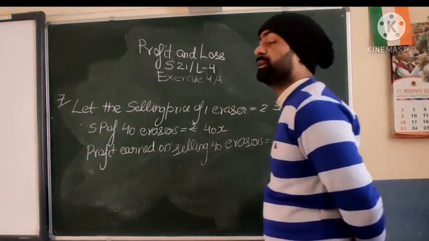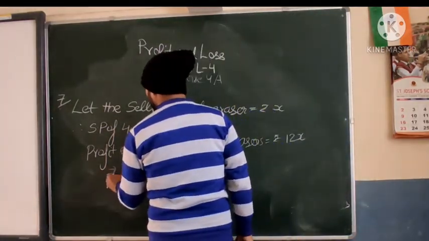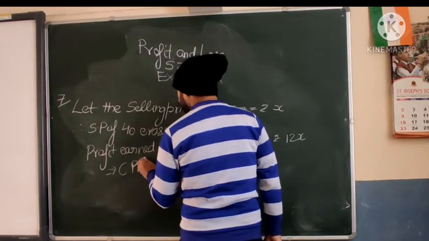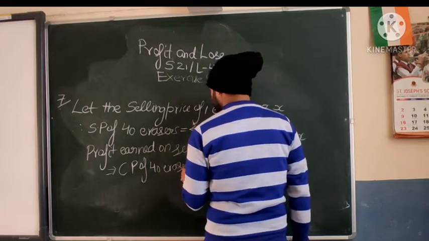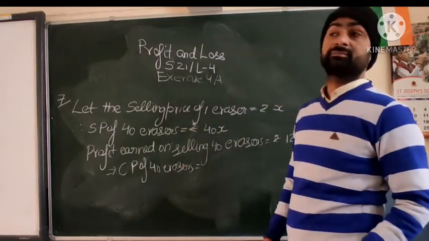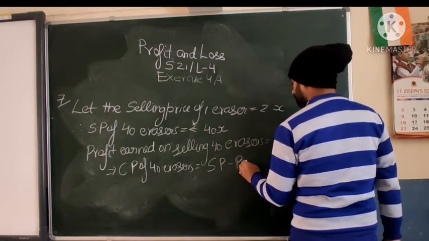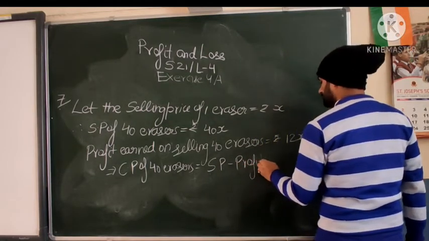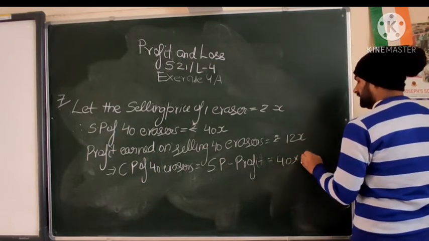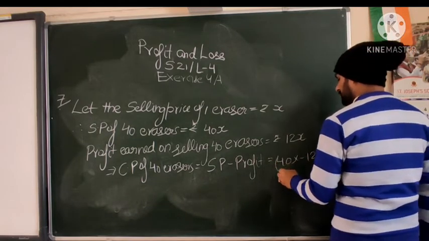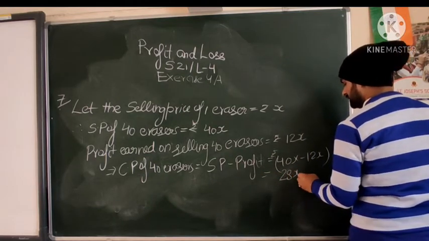Clear? SP and profit are known. Can you calculate CP from here? This implies that CP of 40 erasers is equal to SP minus profit. That means 40x minus 12x, and 40 minus 12 is 28, that means 28x.